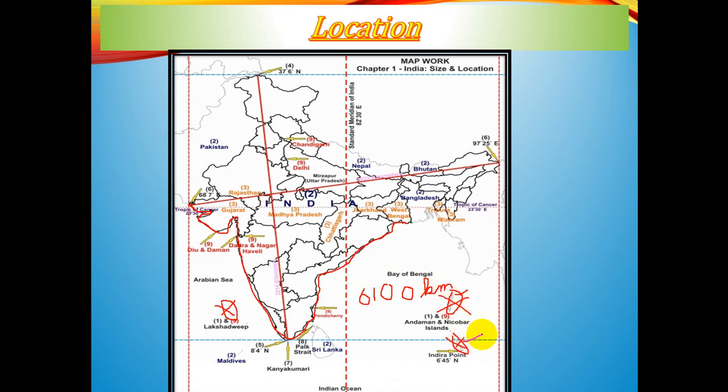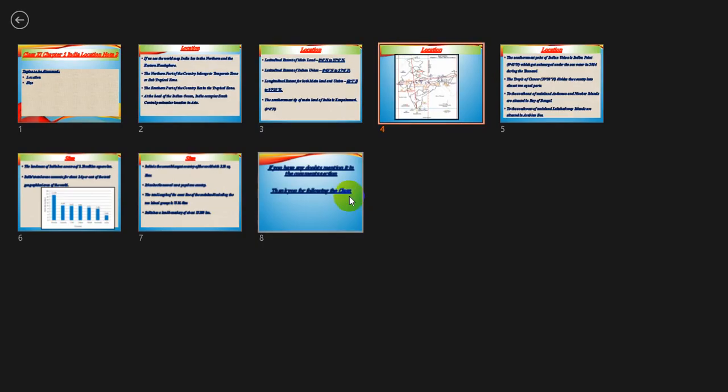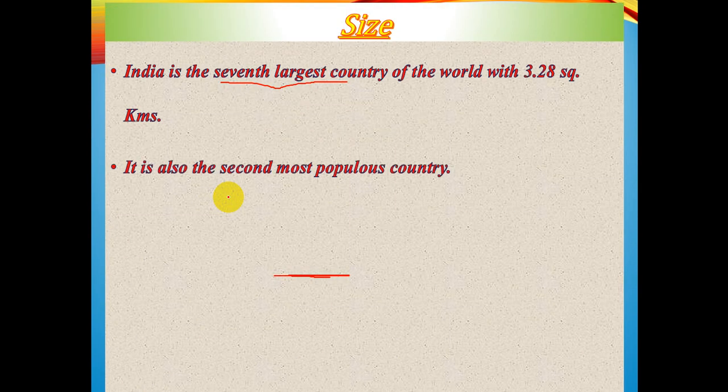And when we include both the island groups, at that time the length is 7,516.6 kilometer. So this is about the coastline length of our country, which is a vast stretch of coastline. Now let us move to the next part of the size.